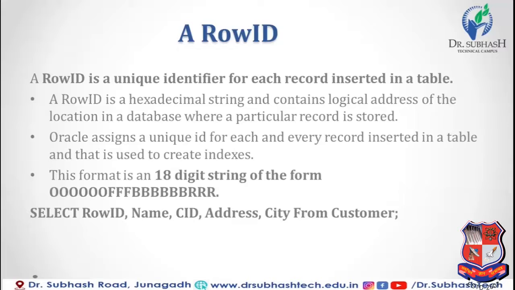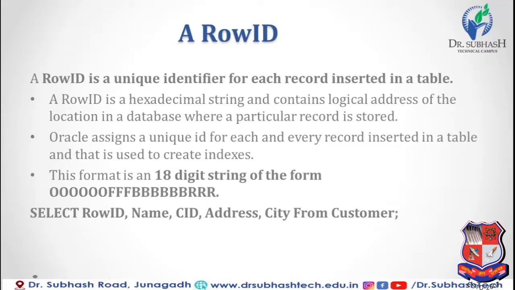Okay. Now we will see what we mean by a row ID. A row ID is a unique identification number for each record inserted in the table. So every table in Oracle or SQL has a row ID.